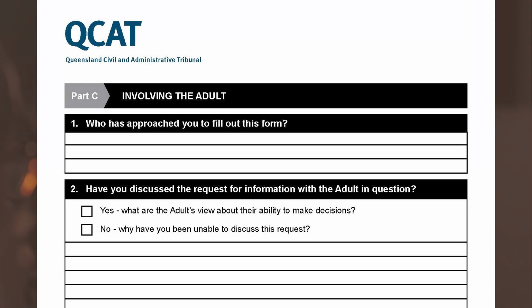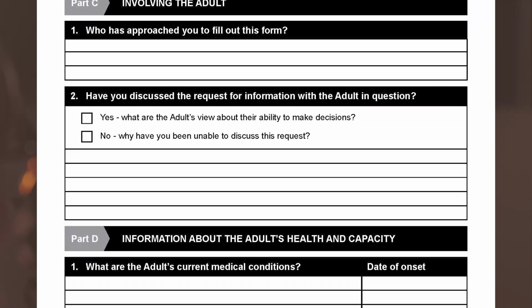Part C is the adult, so it goes back to who's approached you to do the form, because that can be an important piece of information for the tribunal. So once again, it's about providing pieces of the puzzle to the tribunal, who are the ultimate decision maker, and whether you've discussed the assessment in your report with the adult concerned.